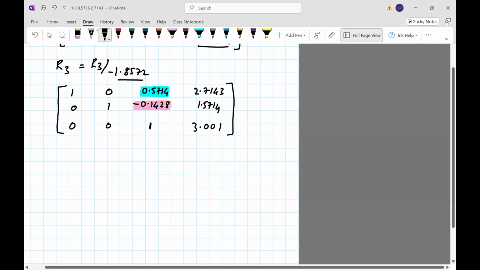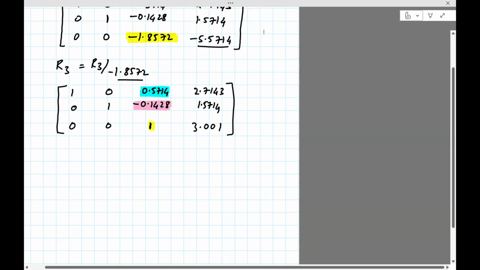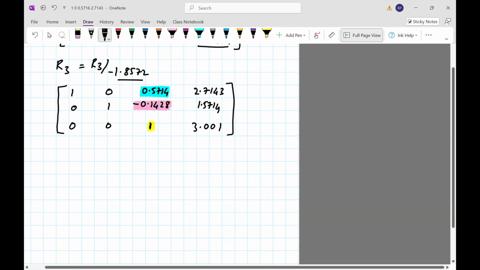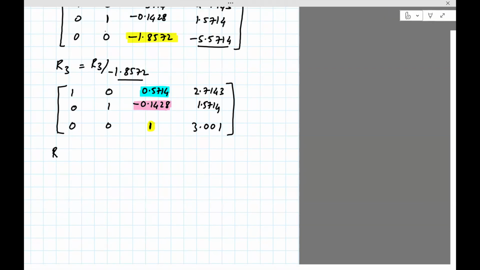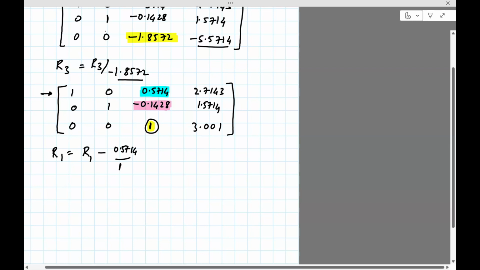So in order to do that, I use the pivot, which is this one. This is how I do it. I need to work with row 1. New row 1 equals old row 1 minus this pivot goes down, 0.5714 goes up, and I do that times row 3.